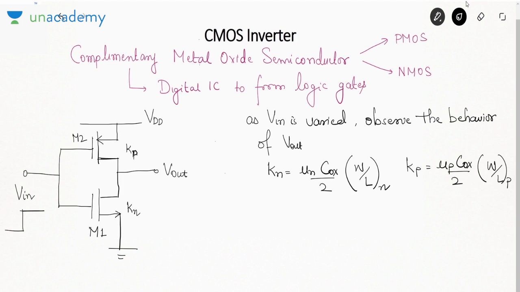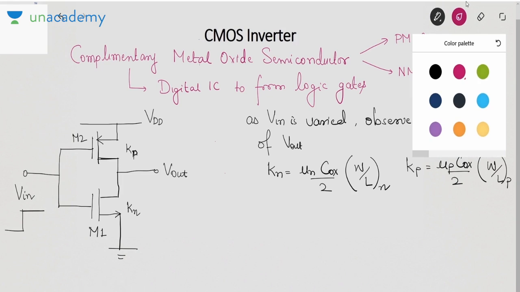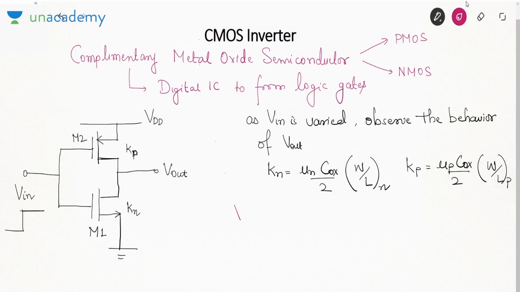Now the gate voltage of both the transistors is equal to Vin, and the source of PMOS is connected to VDD while the source of NMOS is grounded. So let me write down some voltages. What is the gate to source voltage of NMOS? Gate voltage is Vin, source voltage is 0, so it is Vin. What is the source to gate voltage of PMOS?